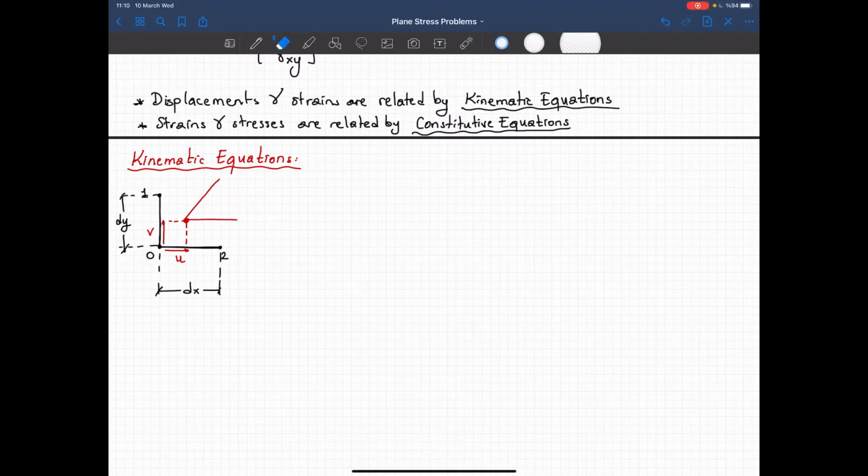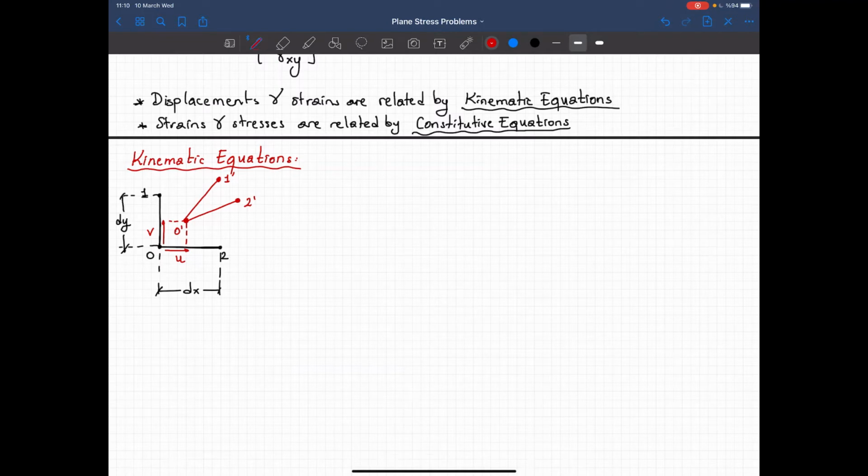Oops, let me draw it this way. So this is 0 prime, point 2 moved here, 2 prime, and this is 1 prime. So basically point 0 moved from 0 to 0 prime, okay?